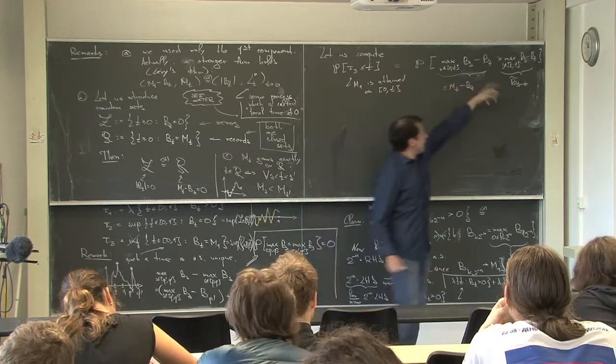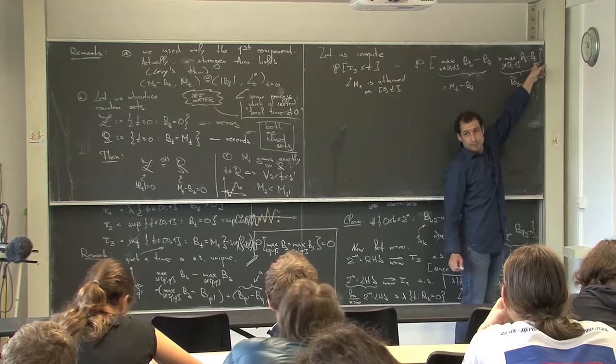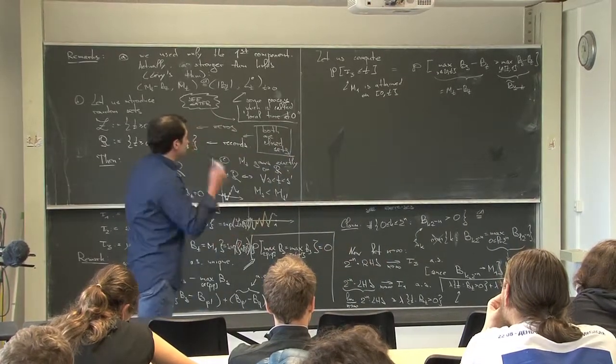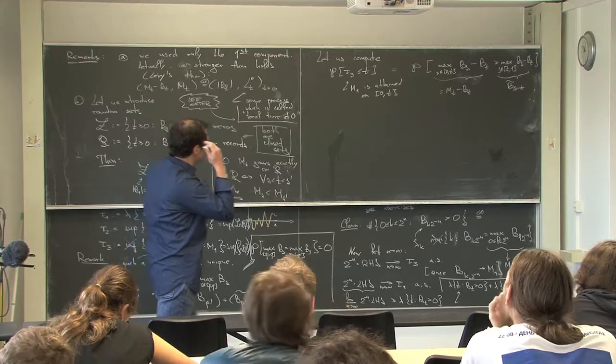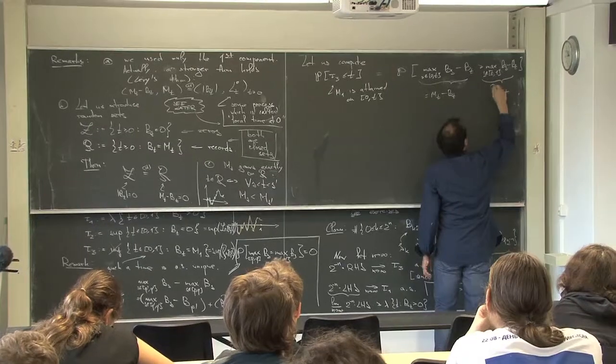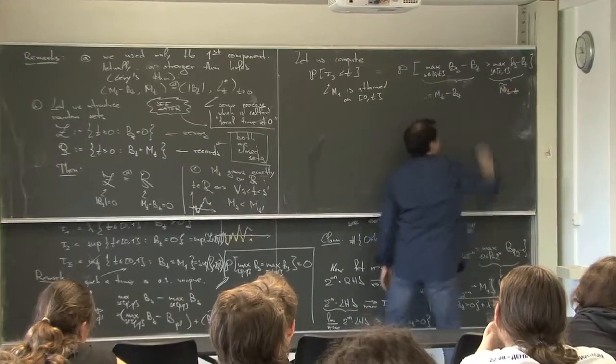What I use is that after this time, what I have is an independent Brownian motion. So that's not B, that's M, sorry, that's M 1 minus t.